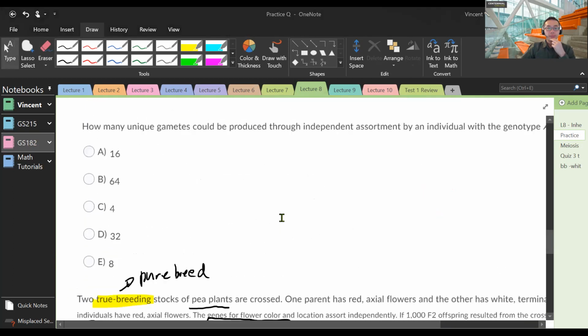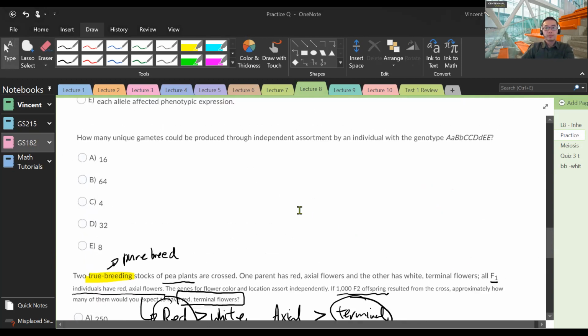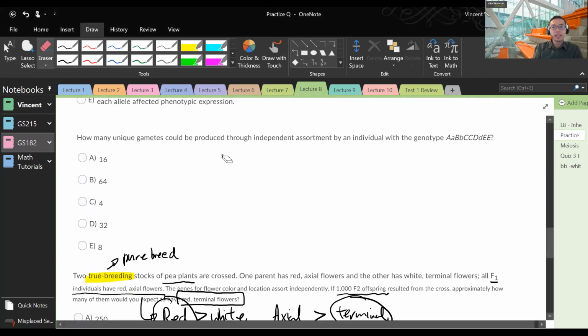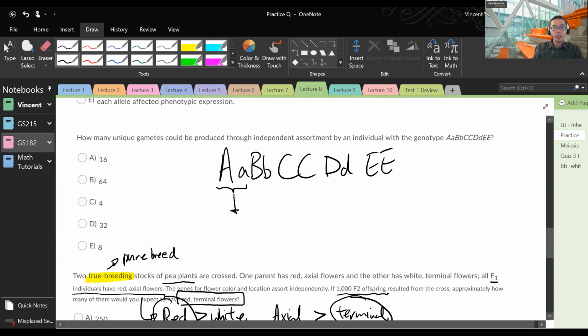Okay, what about this one? We are kind of running out of time, so I will just do it, and you can see if you understand. How many unique gametes could potentially be formed? Let's write a little bit bigger: A, a, B, b, big C, big C, big D, small d, big E, big E. How many possible gametes from big A, small a?